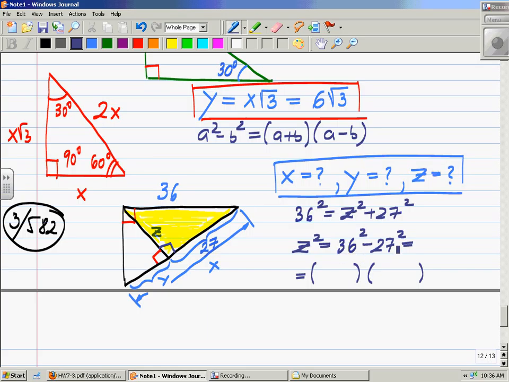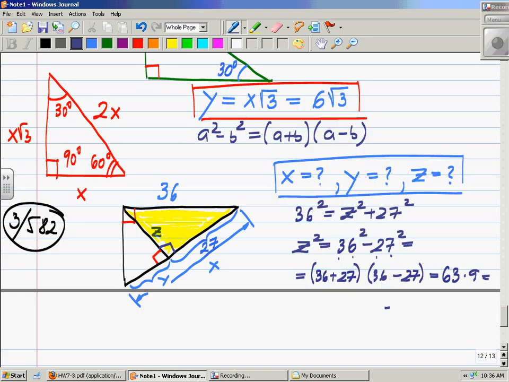What is 36 plus 27? Well, 6 plus 7 is 13, 2 plus 3 is 5, plus 1 is 6. And then 36 minus 27 will be, let me put it one step at a time. So I have 36 plus 27 times 36 minus 27. 36 plus 27 is 63. 36 minus 27 is going to be 9.